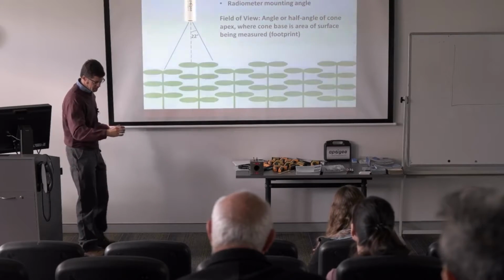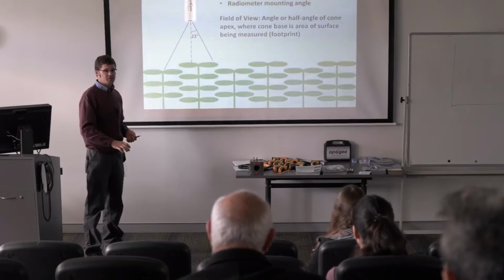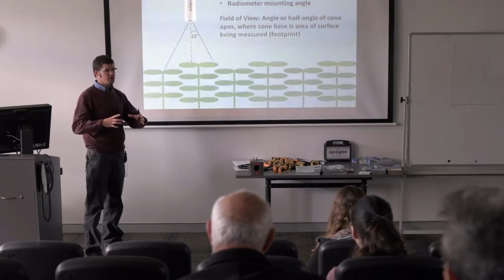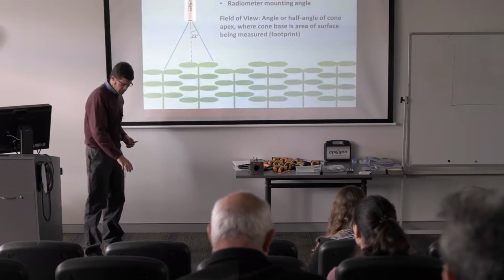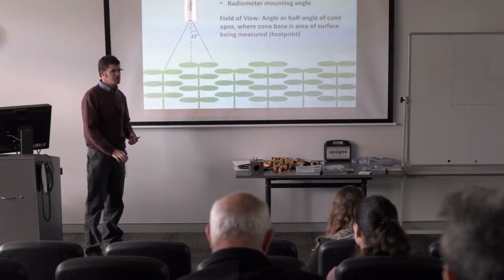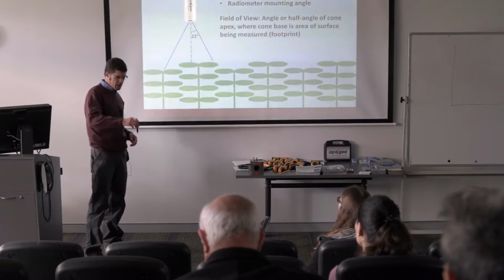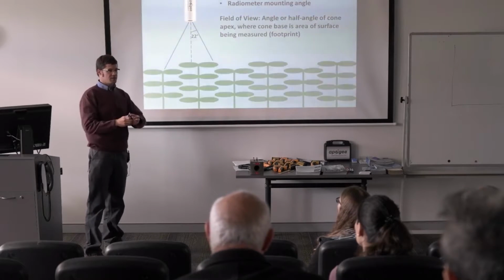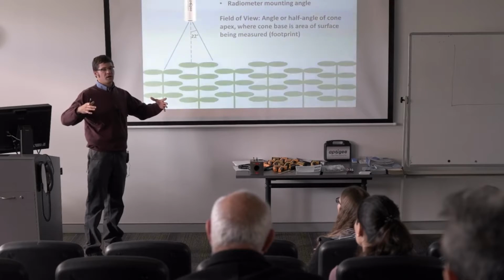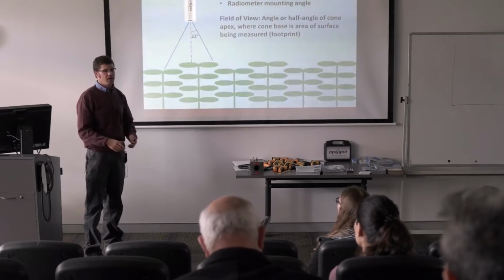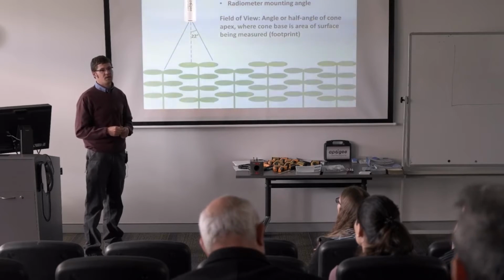If your radiometer is perpendicular to the surface that you're trying to measure, it's going to have a footprint of a circle. If you're pretty close to the surface you're trying to measure, that footprint is going to be small. If you move the radiometer further from the surface, the footprint gets bigger and bigger, meaning you're averaging more and more of the ground area into the temperature measurement.